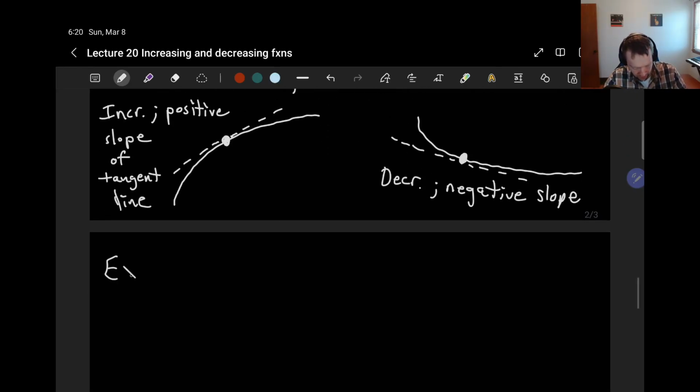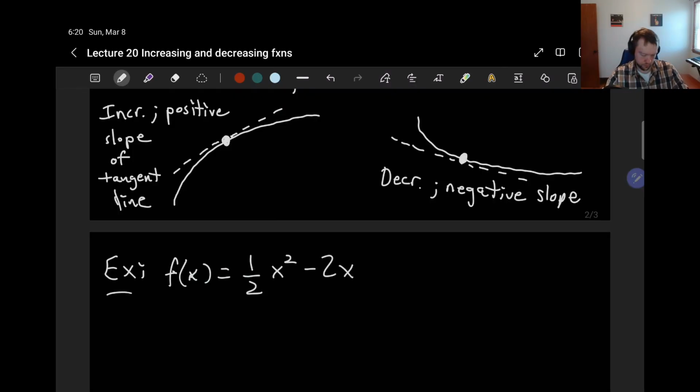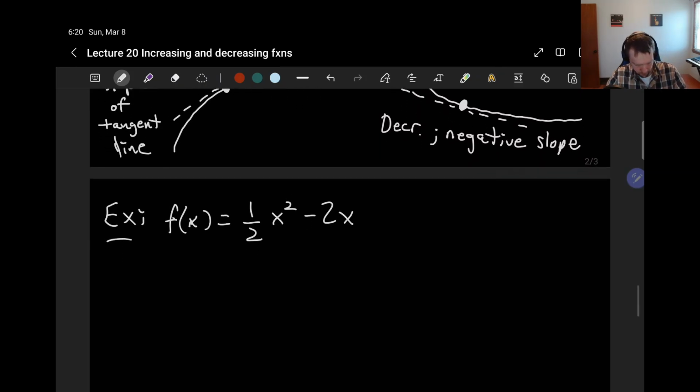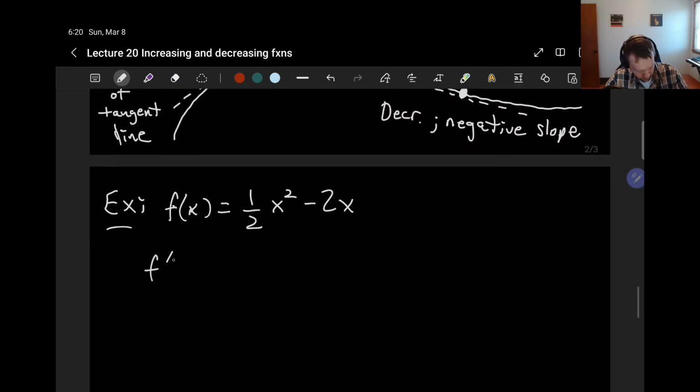Let's look at a brief example. f of x equals 1/2 x squared minus 2x. Then f prime of x equals x minus 2.